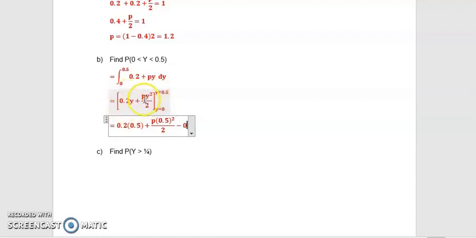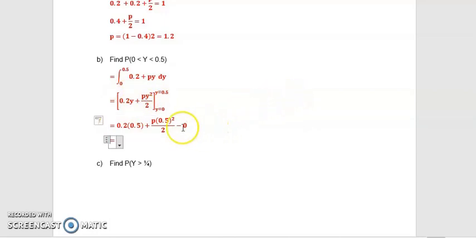So everything will be equal to 0 here. Okay, then equal to, okay, just now p(y) is 1.2, right? So substitute y equal to 1.2. Okay, so when you calculate this one, we will get probability equal to 0.25.